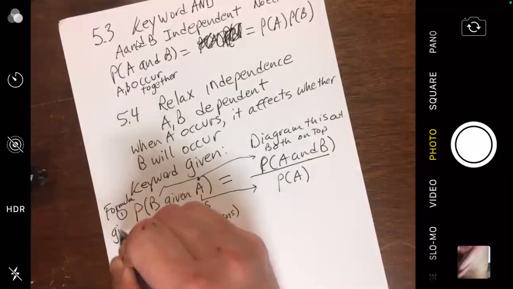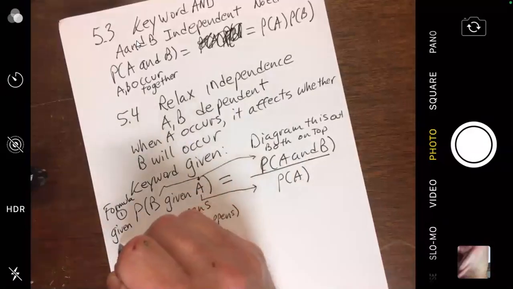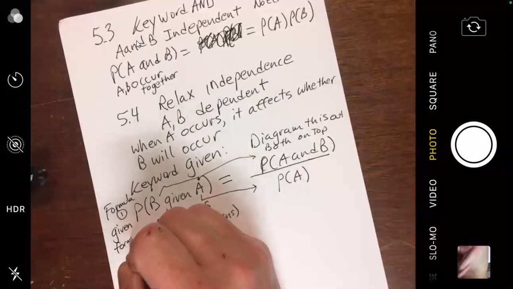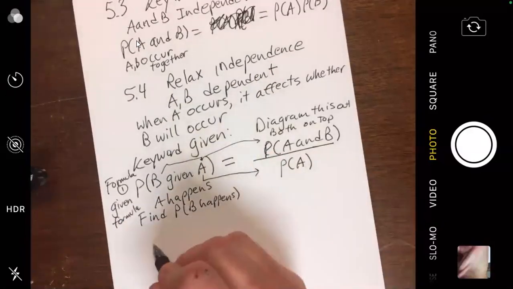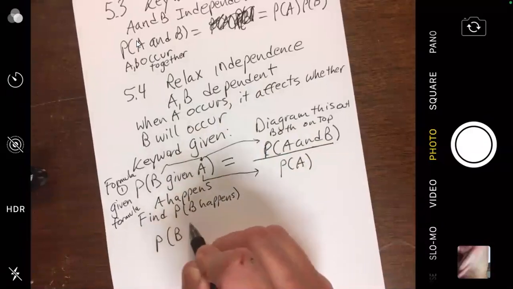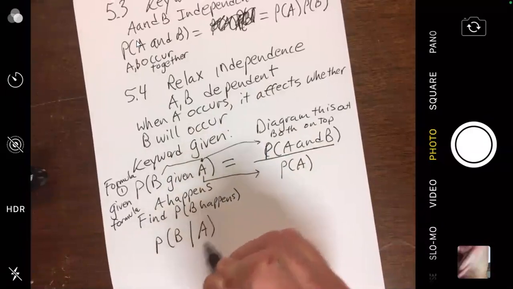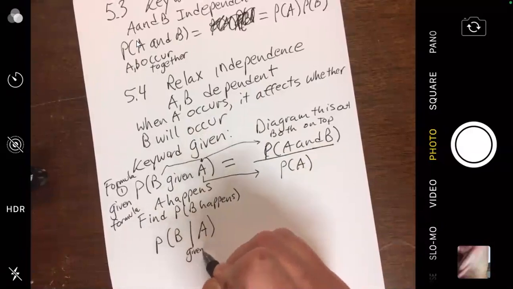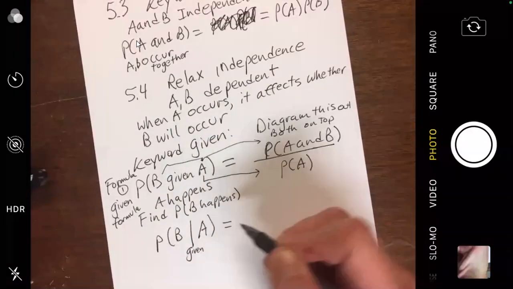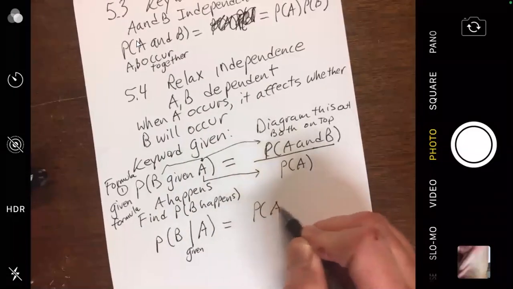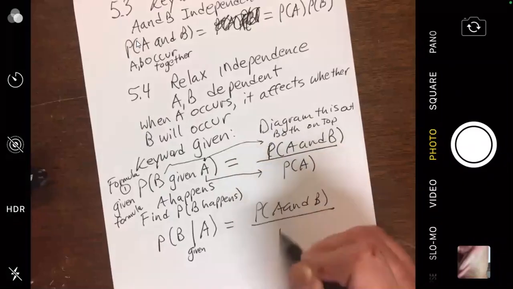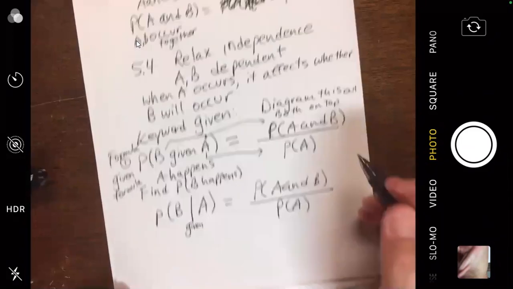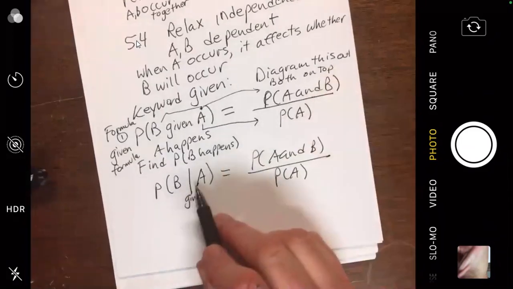By the way, you'll also see this written with a straight line for the word given. And it means, again, the probability of A and B over just A. You'll see this notation used a lot.